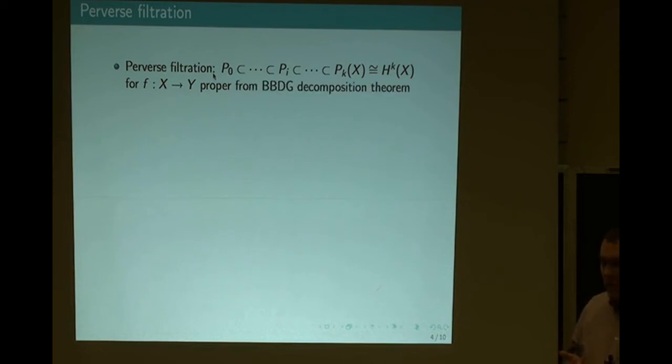Indeed, you can define this perverse filtration by saying that if you push forward the constant sheaf, then you decompose it according to the decomposition theorem into perverse constituents, which is not a unique decomposition, but when you take homology of this decomposition, it will induce a filtration, which will turn out to be unique, a well-defined filtration you get by studying the decomposition theorem.